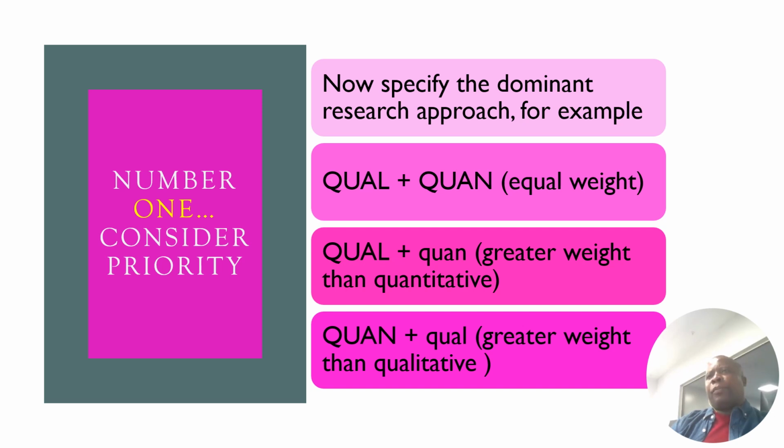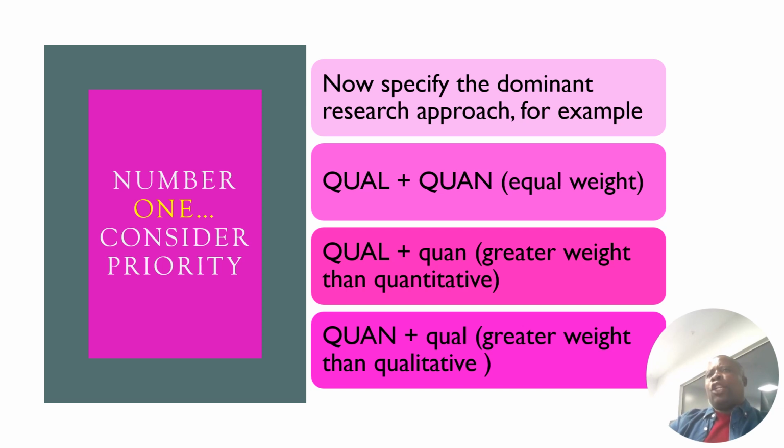In the event that you want to give greater weight to qualitative, then you need to write QUALITATIVE in capital letters plus quantitative in small letters. Vice versa, when you want to give greater weight to quantitative, then you must write QUANTITATIVE in capital letters and qualitative in small letters.